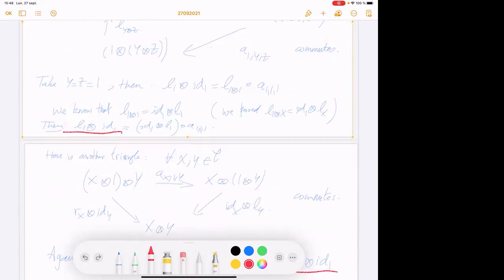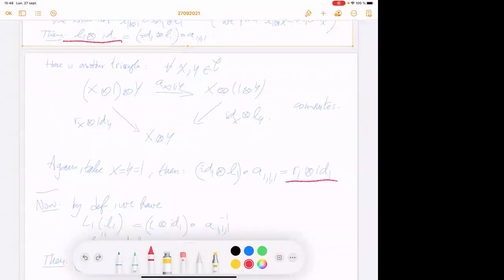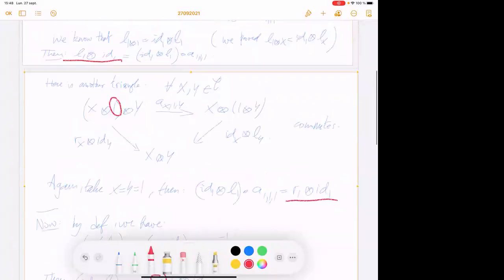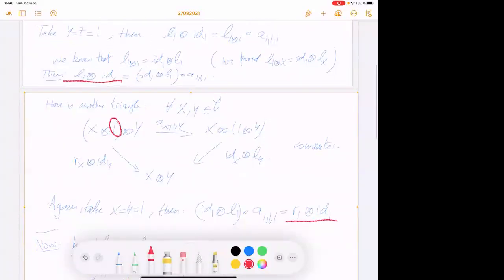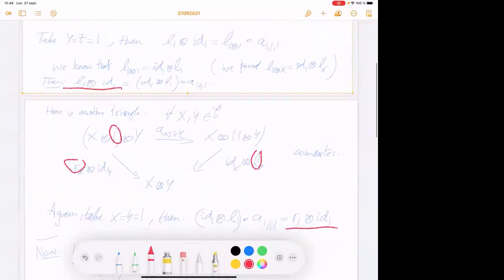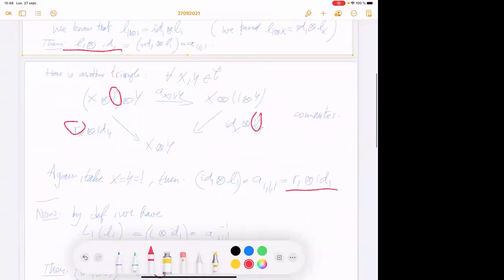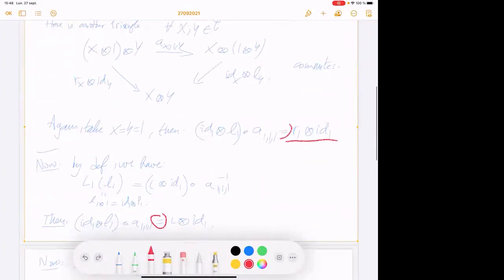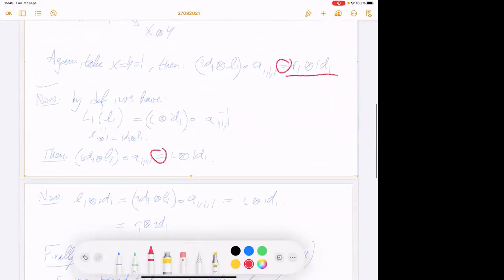Then we use the commutation of this triangle, the one in the middle. This triangle uses both the R and the L, whereas the first one uses only the L and not the R. And we get this equality. Finally, we get the last equality we need.